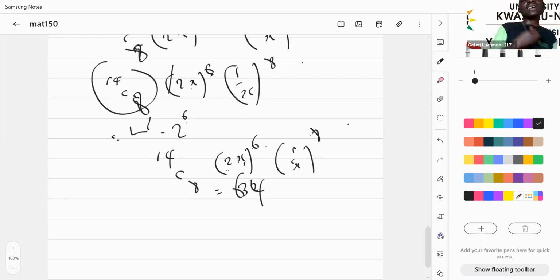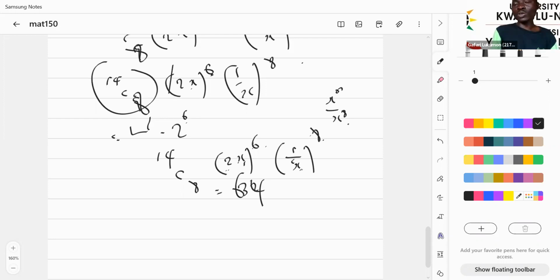You see the reason why I said we have to be careful? Because at the end of the day, this one will be 1 over s raised by 8. And s raised by 6 divided by s raised by 8 will not give you s raised by 6 any longer. You understand now?